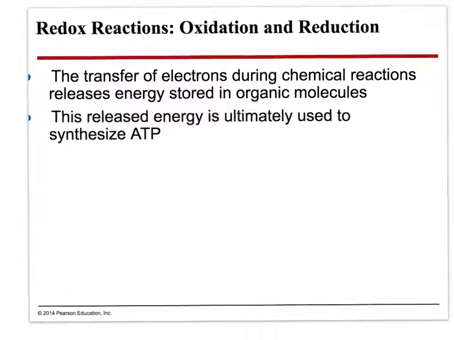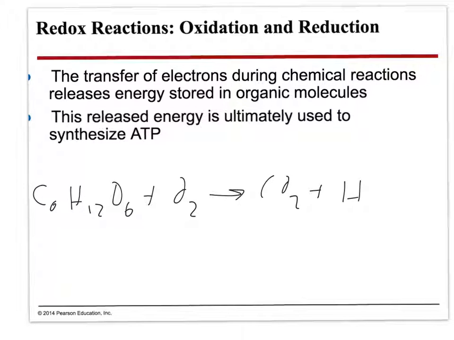Because really the hydrogens are going to tell you what molecule is going to be oxidized and what molecules are going to be reduced. Okay? So if we wrote our equation again, C6H12O6 plus O2 yields CO2, water, and ATP.